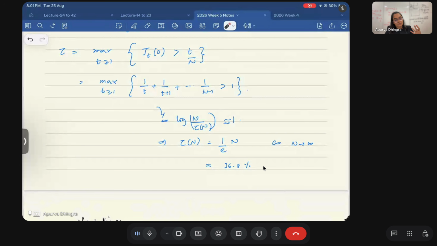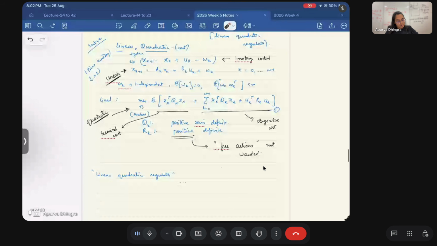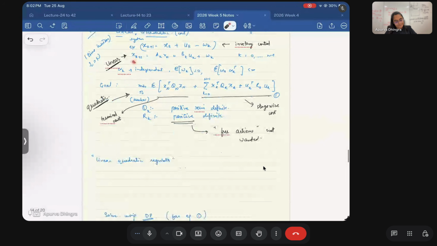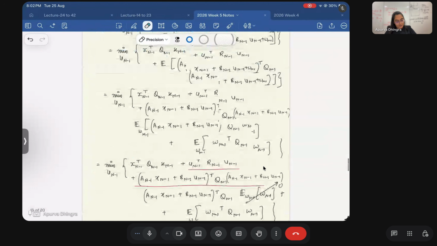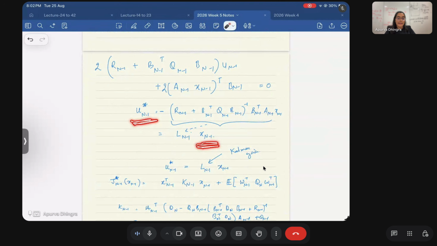Okay, then all of this logic of DP is what we applied to problems with linear quadratic systems. We saw that in linear systems, we are minimizing a quadratic cost. In this type of problem, the optimal action ends up being directly related to x_{n-1}, or x, the current state.